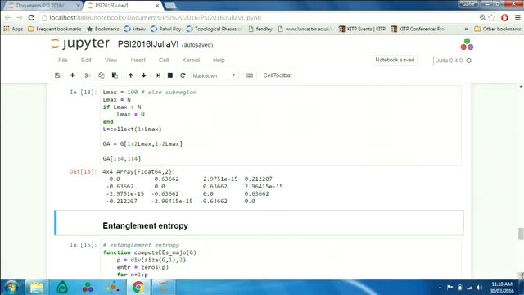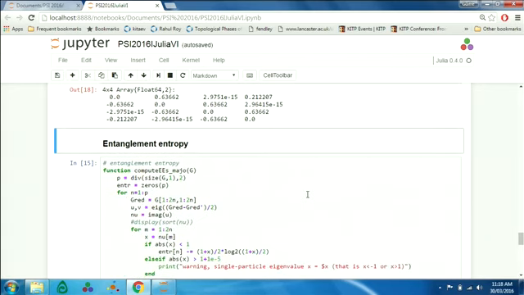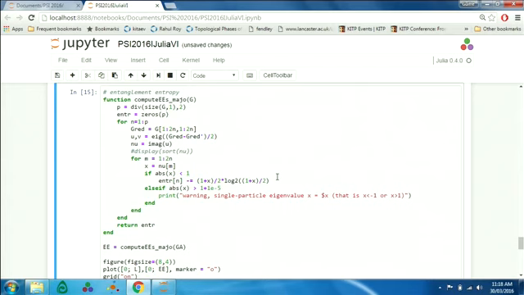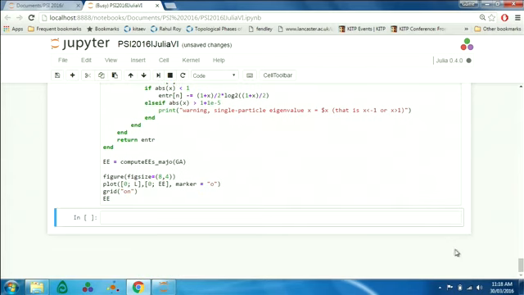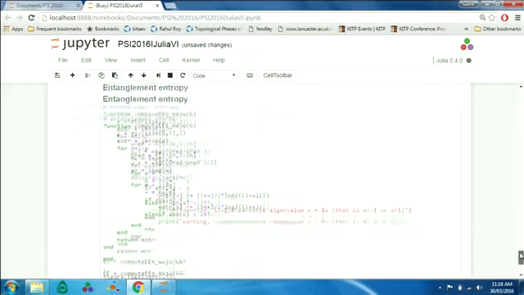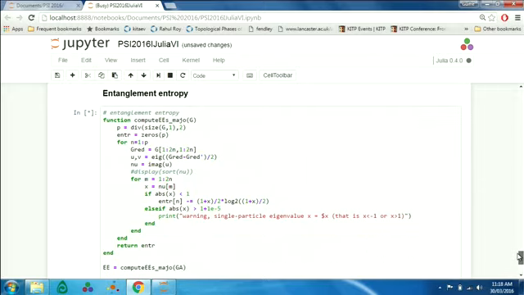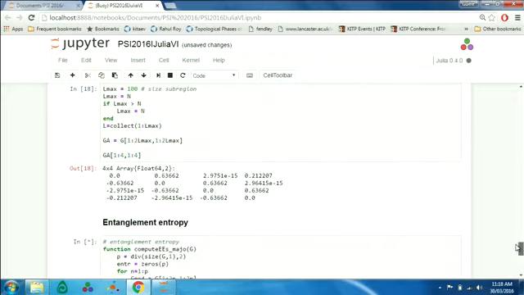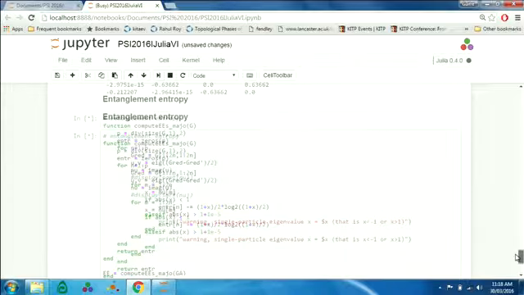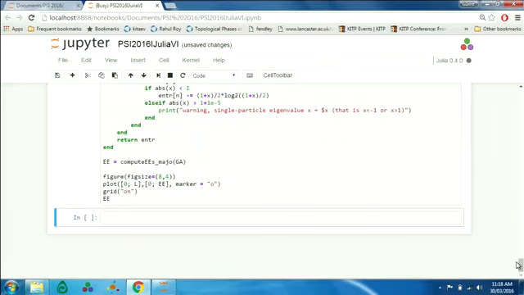Though it looks like it's done. Okay, so let's plot the result. So it has to plot many things. I guess that's the challenge. Okay, and there will be a plot in a minute.